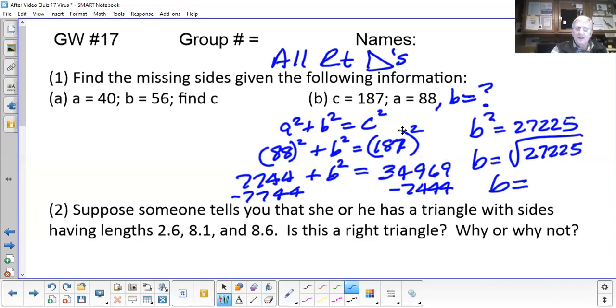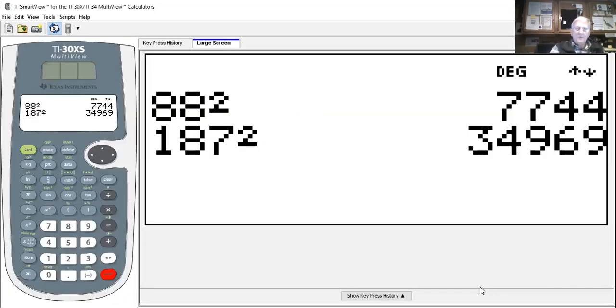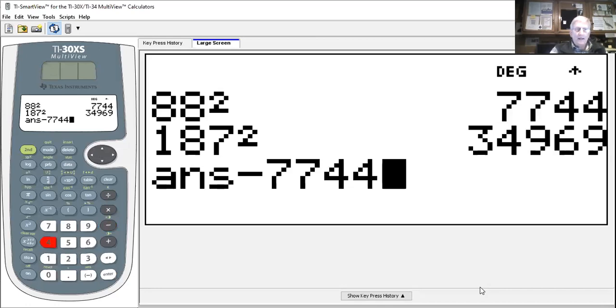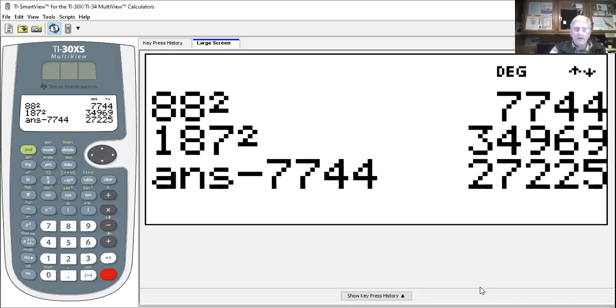the base. So what I'm going to do is go back and share the calculator again with you. So now I'm going to take the answer I got, which was 34,969, okay? So I'm going to hit subtract. So 7744, all right, and I'm going to hit enter, and I get 27,225 like you saw before.